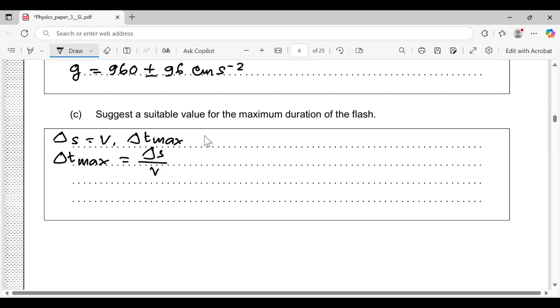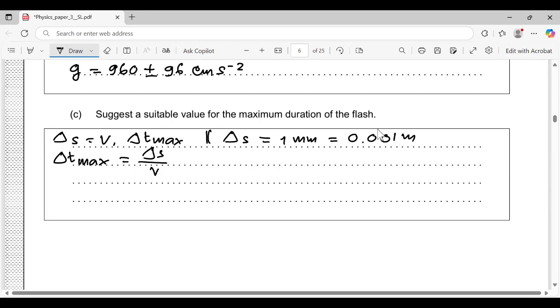Delta s equals 1 millimeter, which converted to meters becomes 0.001 meters.